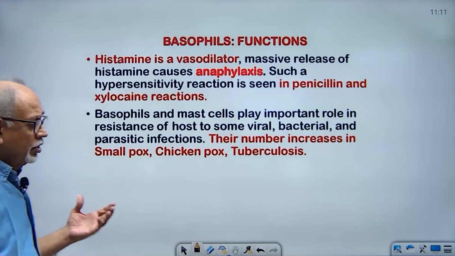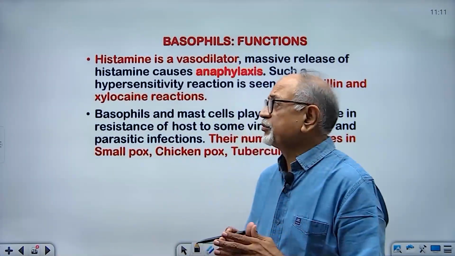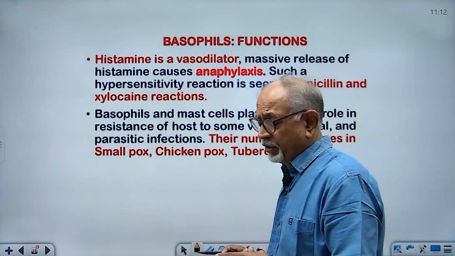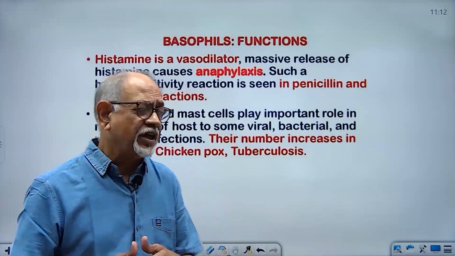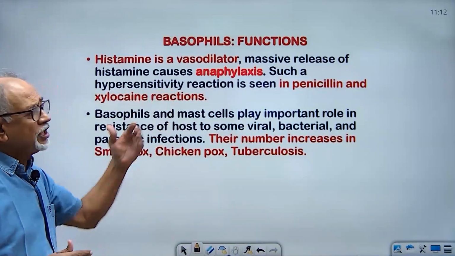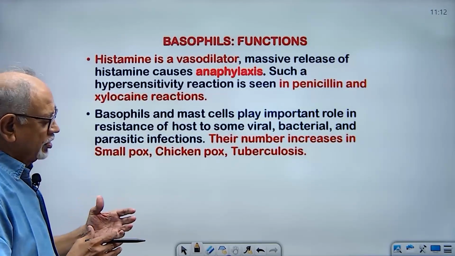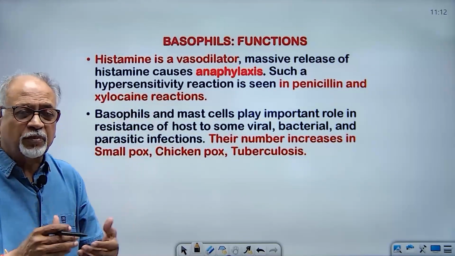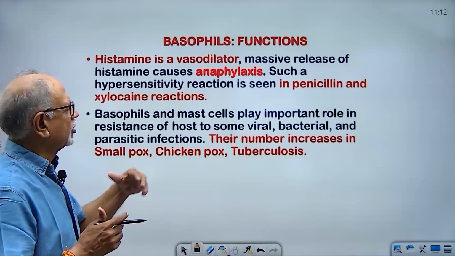Now, in these three, that is HHS, the histamine is a vasodilator. So whenever there is an allergic reaction, vasodilation occurs and a lot of blood is supplied to that part of the body where allergy occurs.